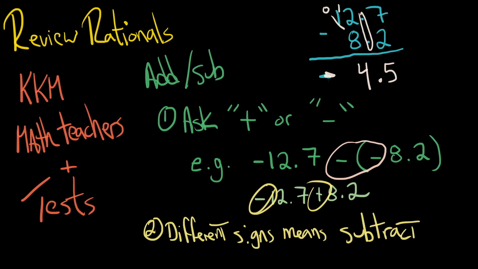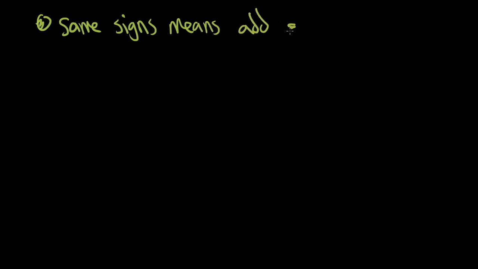And I'll do one more example, because obviously if different signs means that you always subtract, then you also need to know number 3: same signs means add. And there's a trick: take the sign. We'll just stick with negatives.